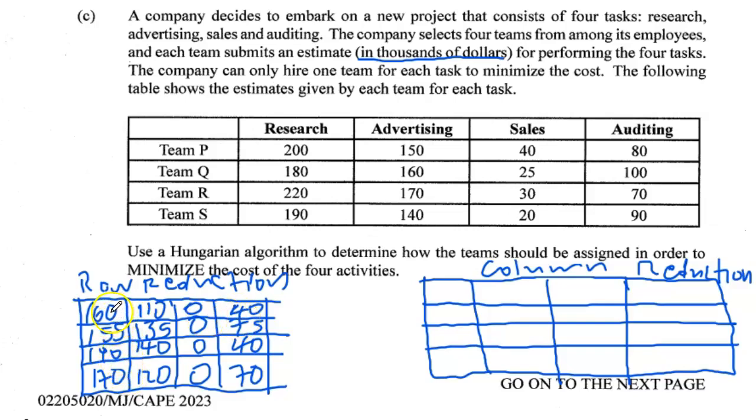In column 1, the smallest value is 155. So we're going to subtract 155 from every value in the column.